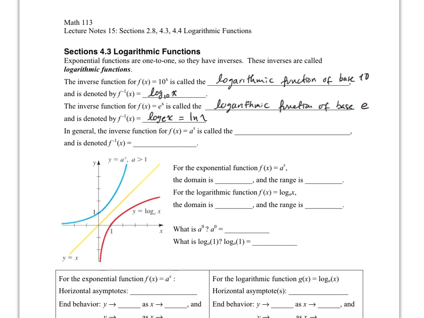This is usually called the natural log of x. So in general, the inverse function of a to the x is called the logarithmic function of base a, and is denoted by log base a of x.